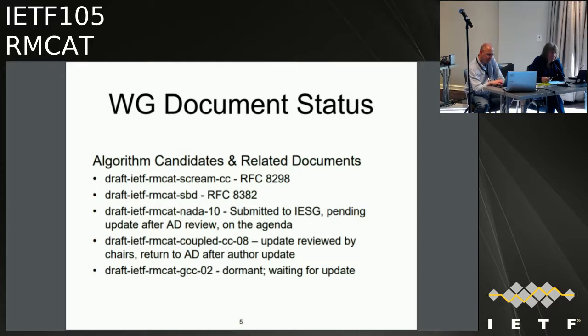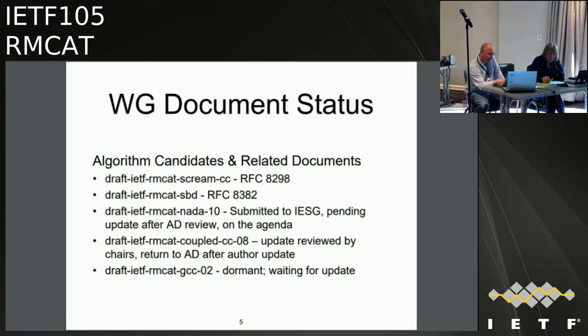So Shafiqul, who is the first author on the draft, has been on parental leave, so he's coming back in August, and then we will have the updated version, and then Mirja will have a look and decide what needs to be done with it for it to go back into the queue.